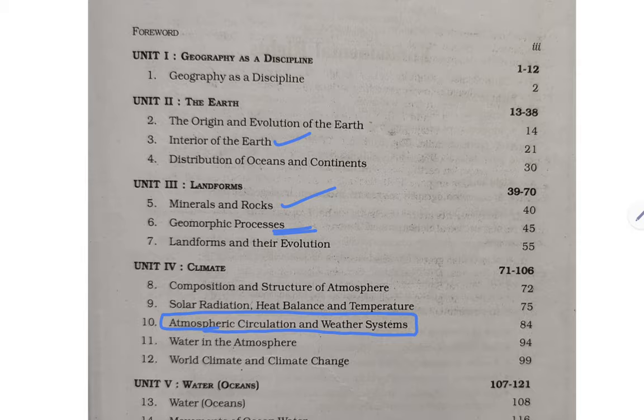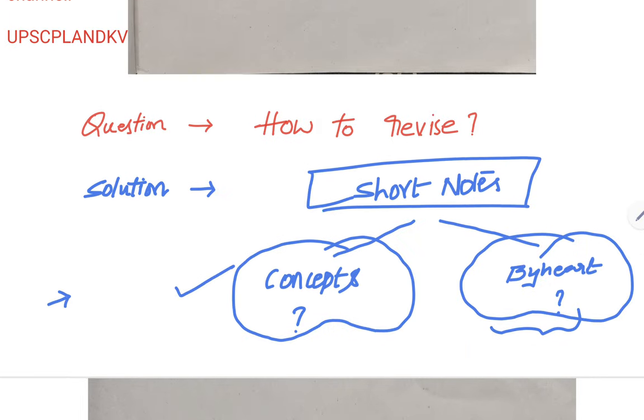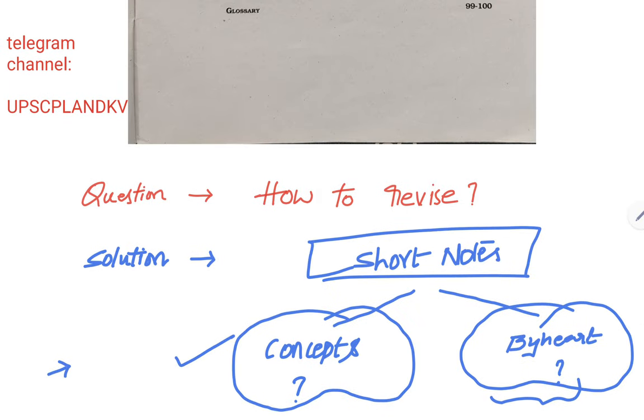What happens when pressure is increasing or decreasing, or what happens when Coriolis force is affecting the northern hemisphere. Those are all concept oriented things, okay? So make sure you address those things in your short notes rather than just writing the by hearting things. Okay, don't do that. This is the small tip that I can tell you. So make sure you follow it.